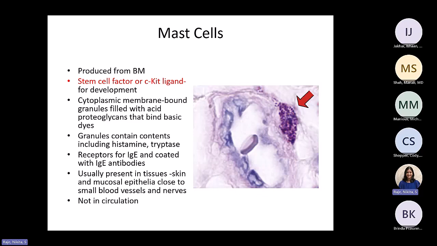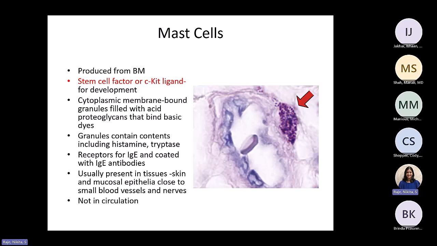So what are mast cells? Mast cells have these granules in them that have various contents such as histamine and tryptase. They have receptors for IgE. So when those IgE antibodies on their surface get bound by various antigens, they can degranulate and release these contents.